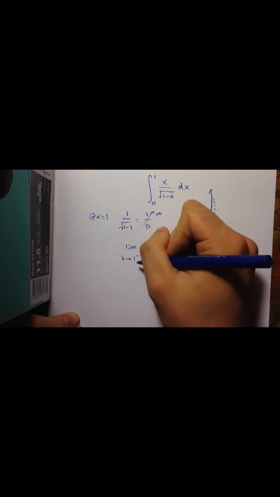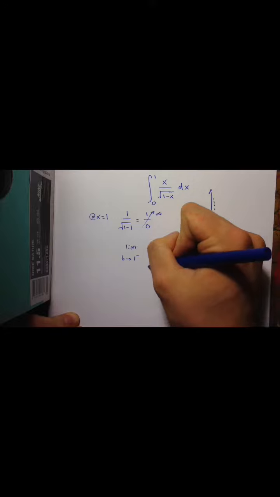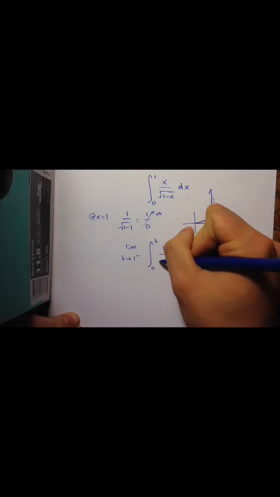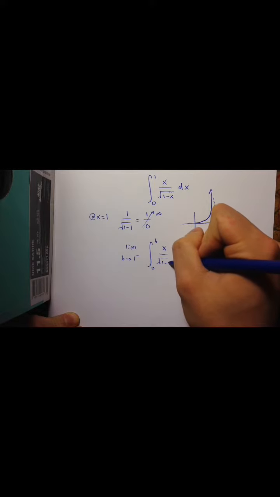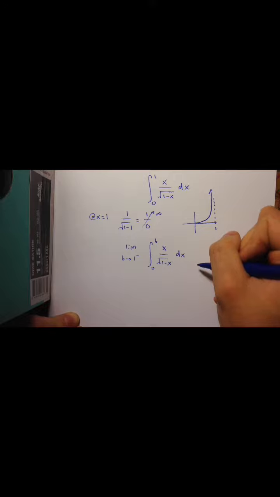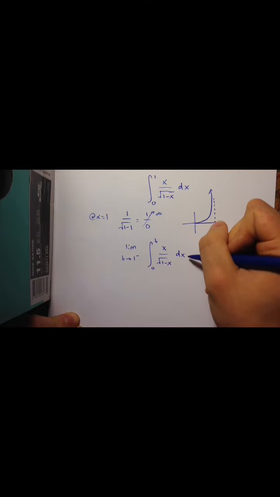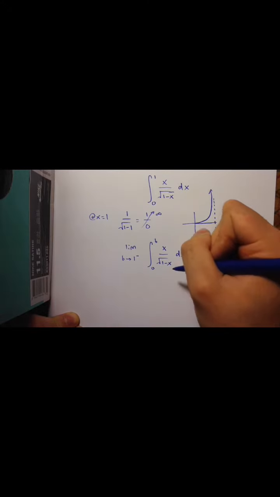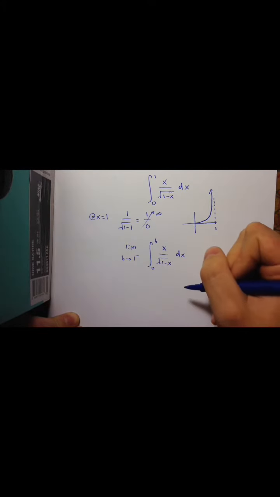So the limit as b approaches 1 minus of the integral from 0 to b of x over square root of 1 minus x dx. And all we're going to do here is find the antiderivative of this function, evaluate it from 0 to b, and then take the limit as b approaches 1.